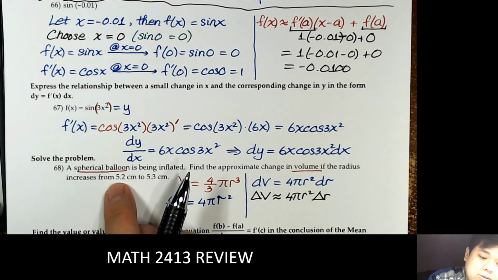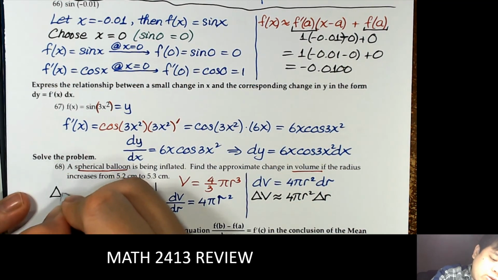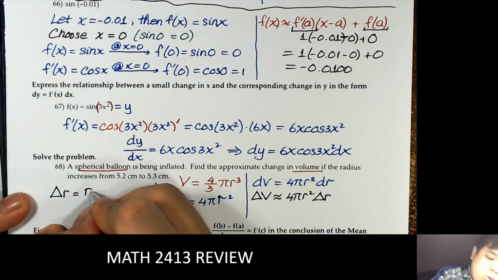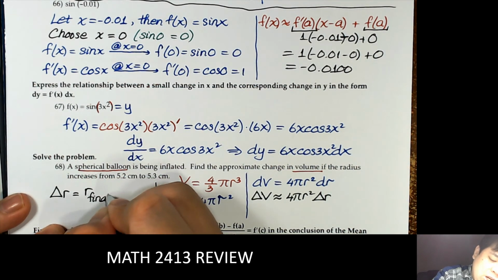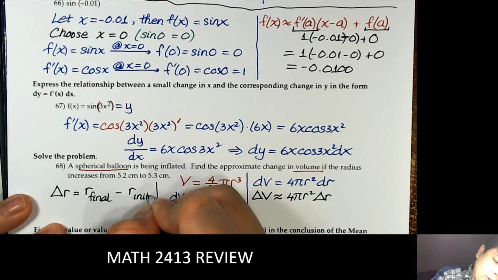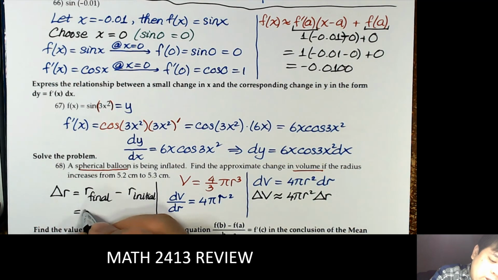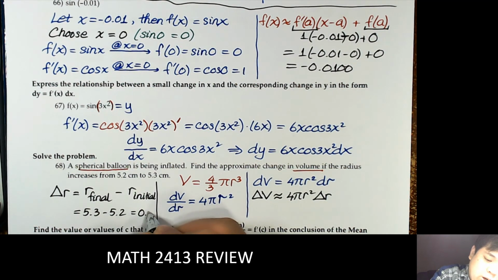It goes from 5.2 to 5.3. So delta r, always final minus initial, where we find the change. So 5.3 minus 5.2 equals 0.1.